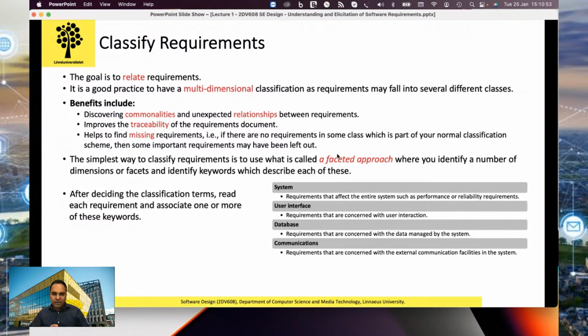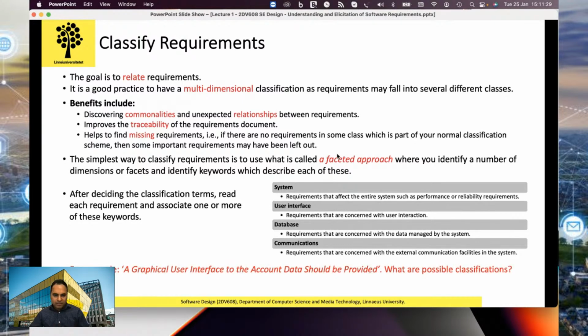After identifying those groups, you basically find which requirement fits best to which group, and in that way multiple requirements can fit in the same group and vice versa. That is, one requirement might fit multiple groups. In that way, you can find commonalities, overlaps, or relationships between requirements.